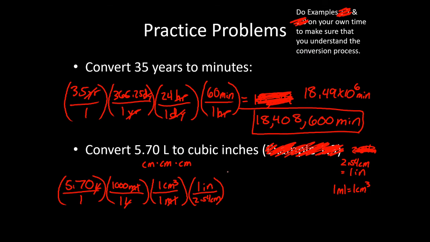And so to get the correct value here, we actually need to cube this conversion factor. So this way we'll have inches cubed and centimeters cubed. Now, alternatively, you could just put 3 of these conversion factors, so you could have this same thing just copied 2 more times, but this is much more efficient to just go ahead and cube the whole thing there. All right, so if we do the math here, it's going to be 5.7 times 1,000 divided by 2.54 raised to the 3rd.